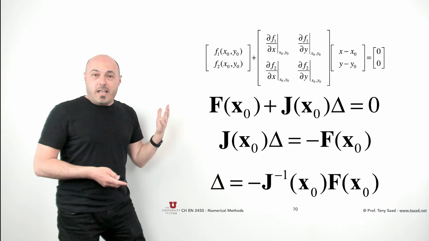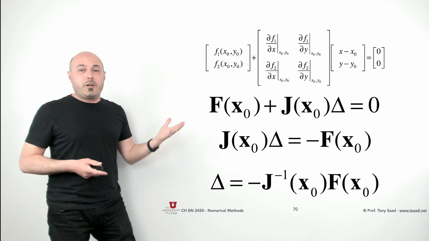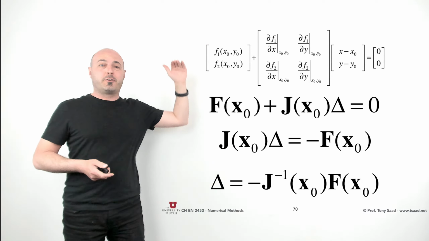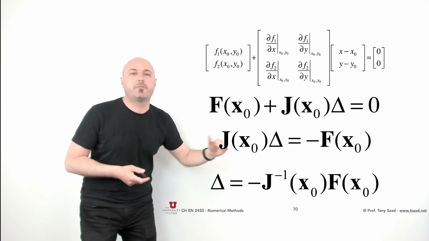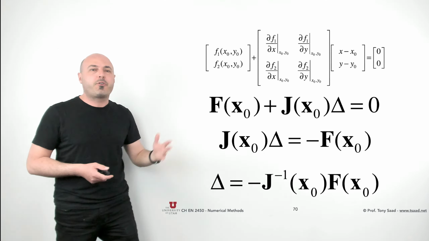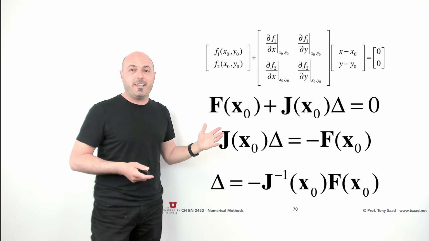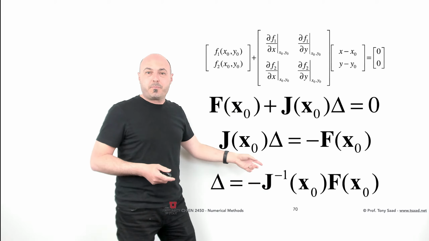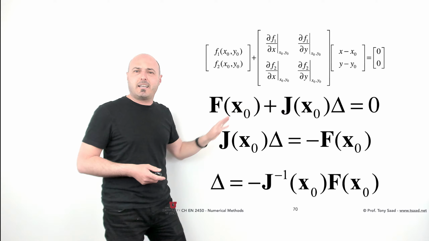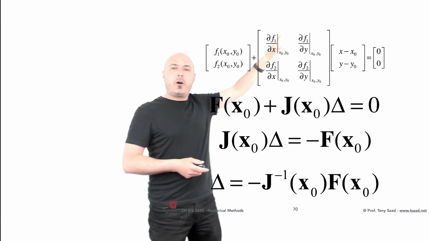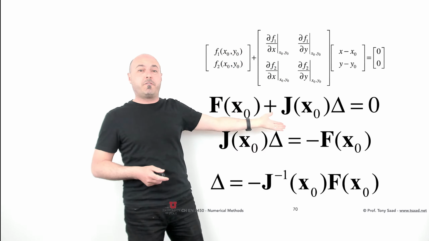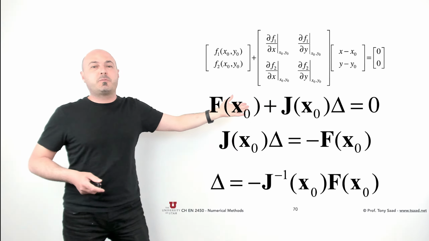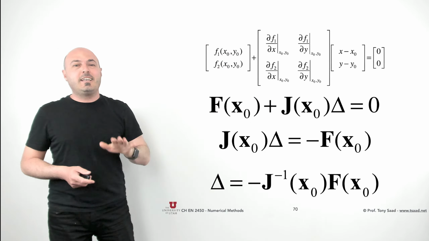Now, we know what these are. We know f is just simply the vector of your residual functions, f1, f2, could be f3, f4, or however many, 3 million, 3.5 million, okay? Residual functions, doesn't matter, it's just a vector. The Jacobian is a special matrix, we will discuss that in a second, but it contains all the partial derivatives of all the residual functions differentiated with respect to all of the independent variables.